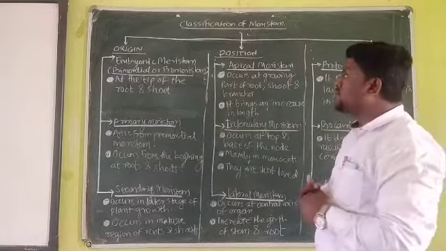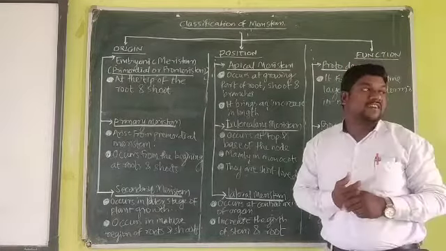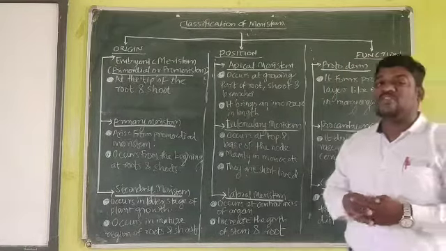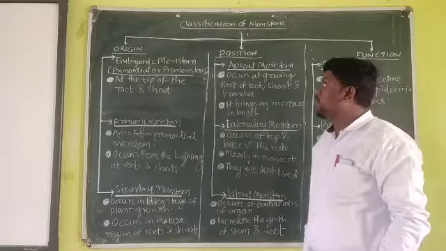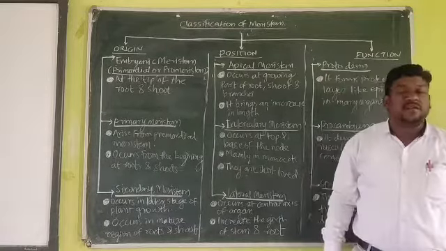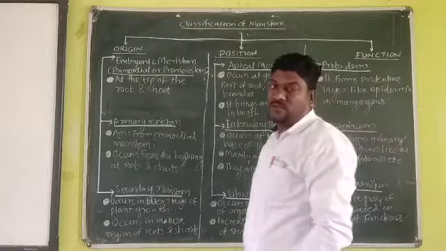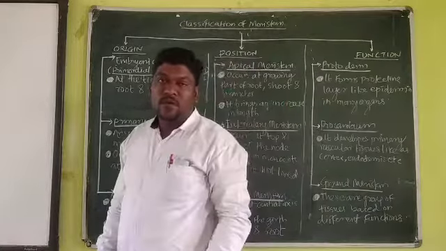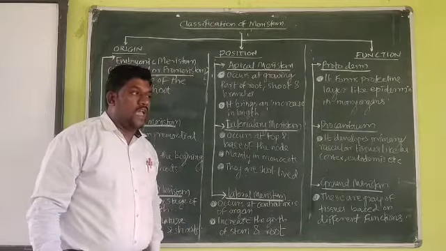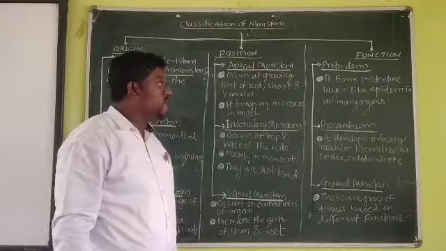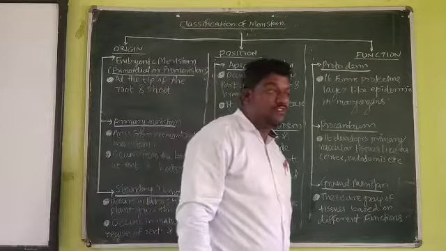Okay, good morning students. Welcome back to the next topic of the same chapter, that is plant tissue and anatomy. We have already discussed the introduction about the plant tissues, meristematic and permanent also. We have described some characteristics of meristematic tissues yesterday.